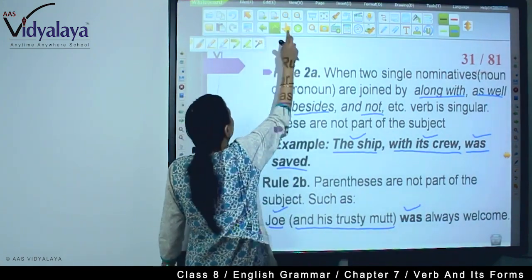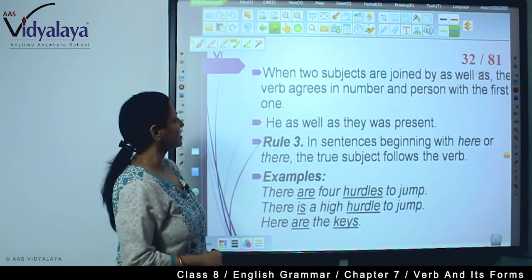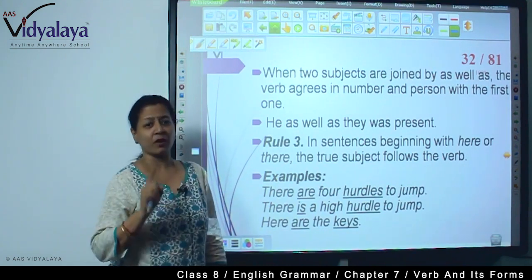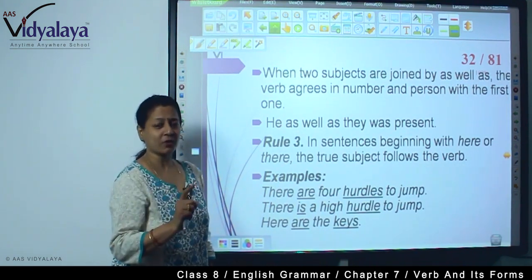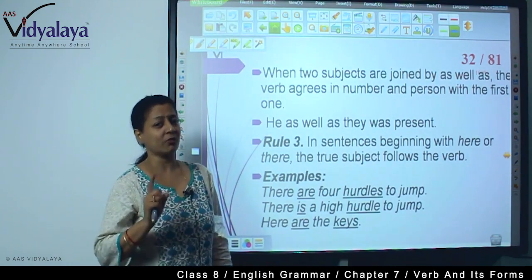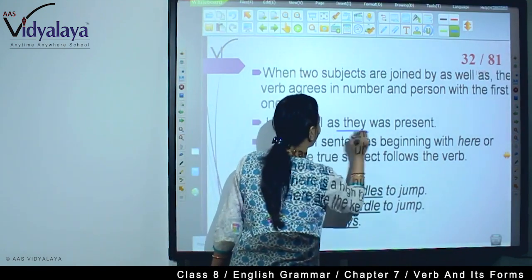Next, when two subjects are joined by "as well as," the verb agrees in number and person with the first one. If the first one is plural, the verb will be plural. If the first one is singular, the verb will be singular. "He as well as they."